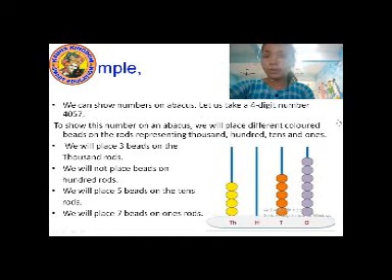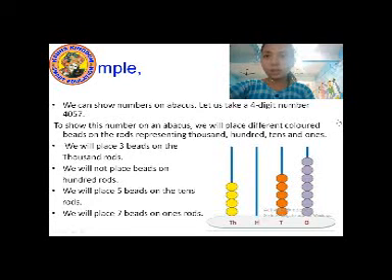First, we will place 4 beads on the thousands rod. Second, we will not place any beads on the hundreds place, because in the hundreds place there is 0.